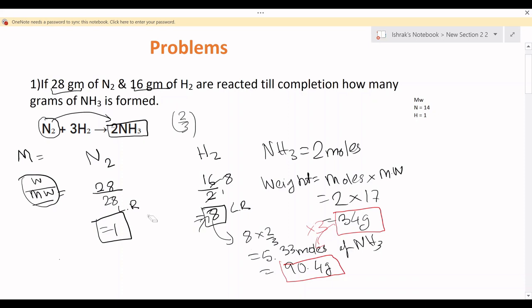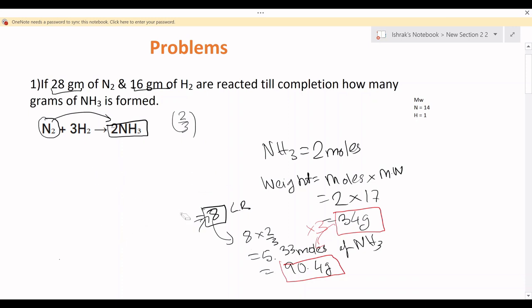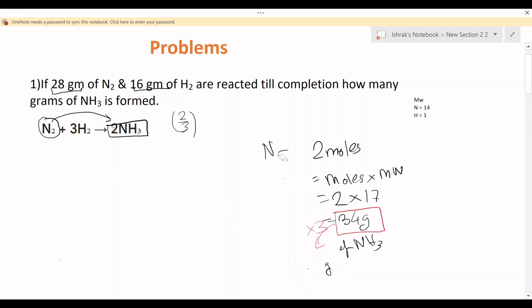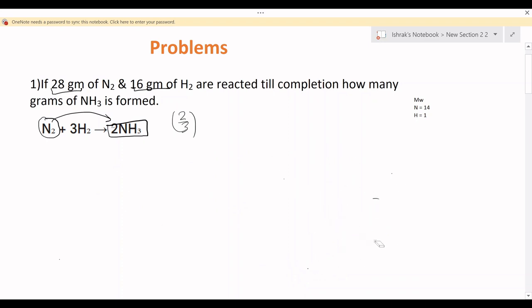Now, one quite important thing to note when you do this is to see whether the reaction goes to completion. This is a key word: till completion. If it says 80%, or 50%, then whatever moles you got for the limiting reactant, you have to adjust that. So, for example, if it's till completion, that means it's going to remain the same.